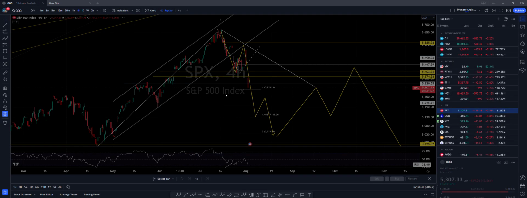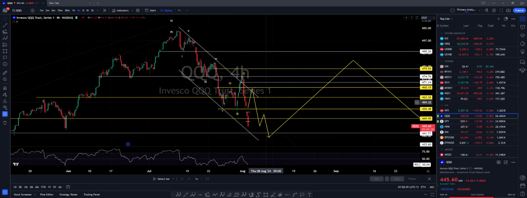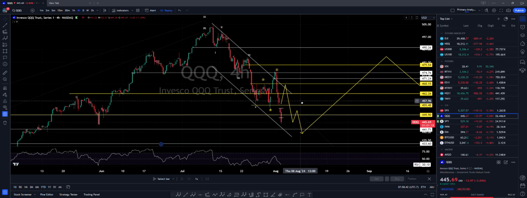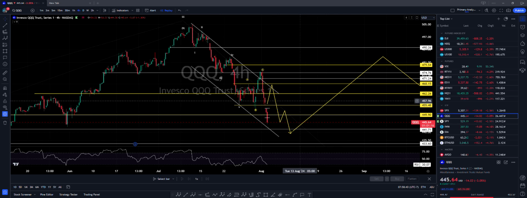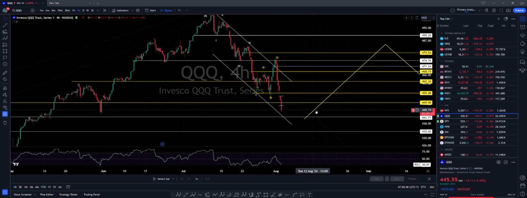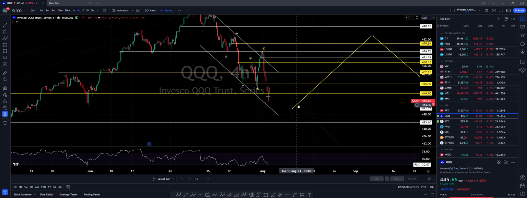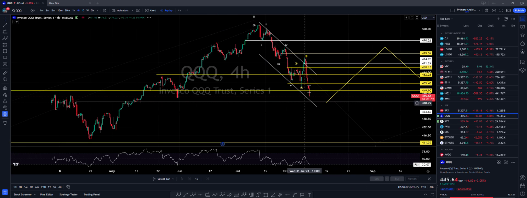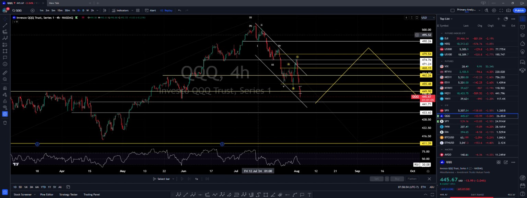Let me quickly cover QQQ here as well. Yeah, so here is another thing, right? If you see, the first wave that we counted was like 5 waves down, and then we said, okay, probably we are in some sort of an ABC, right?